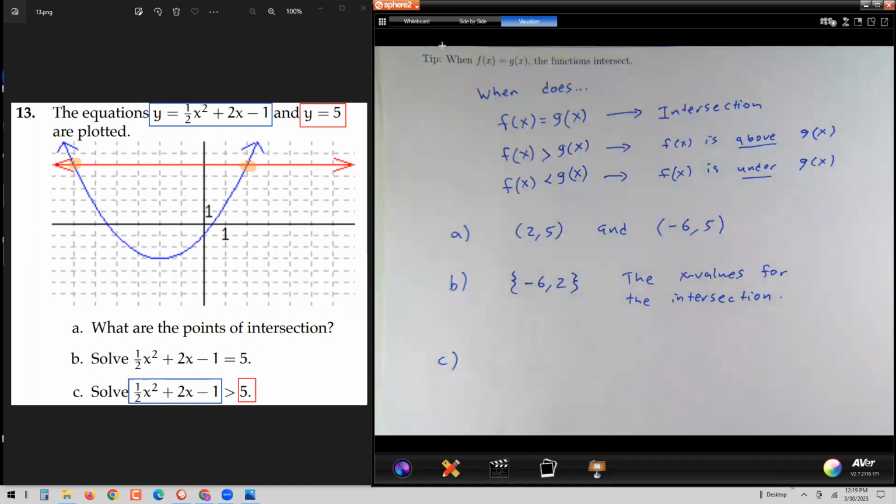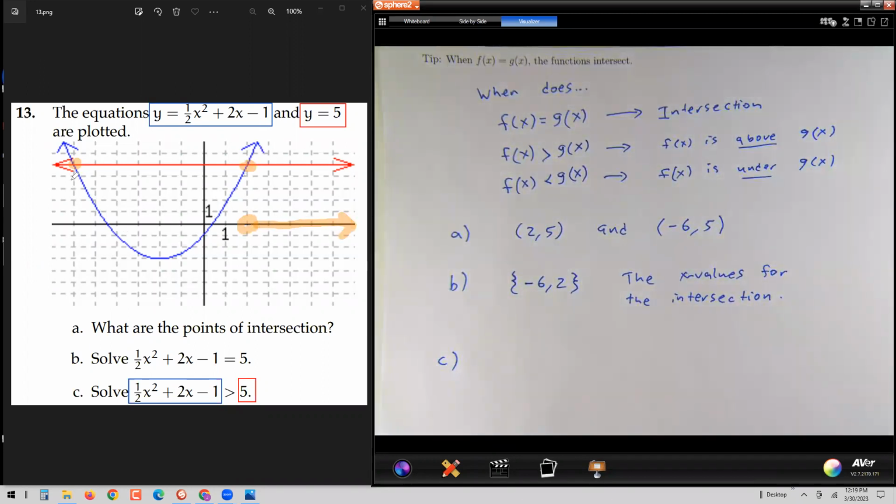So if I'm looking at my graph here, I'm seeing anywhere in this region on this right side after they meet up. So from after this point and on, blue is above the red.